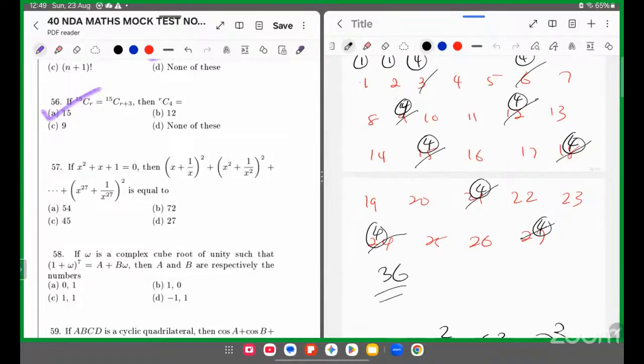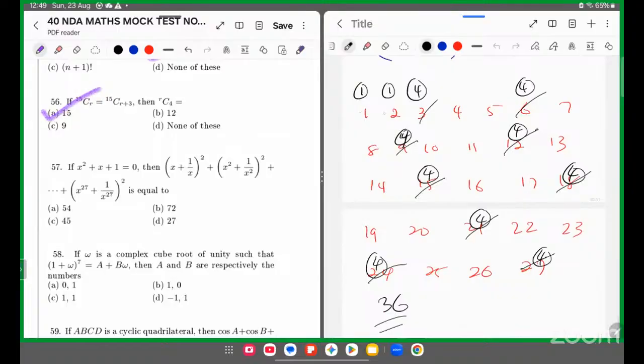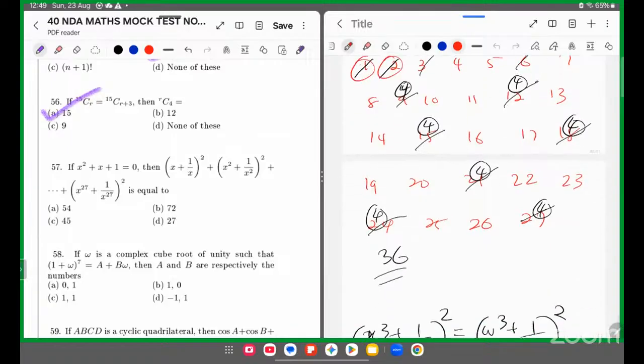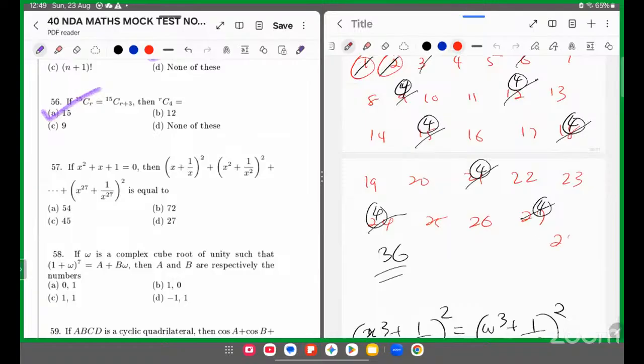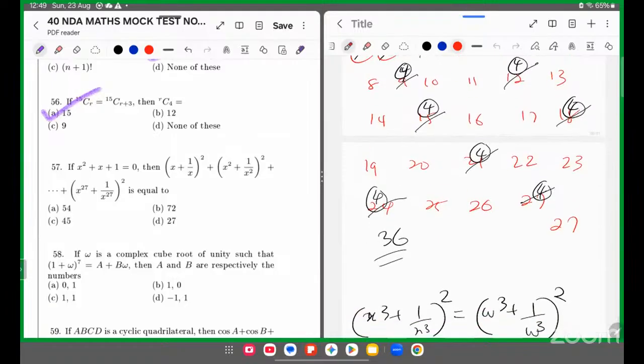Then remaining: out of 27 times, 9 times are coming. So 27 minus 9 will become 18.